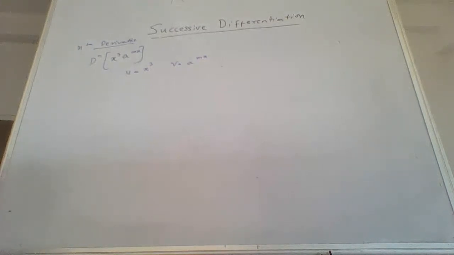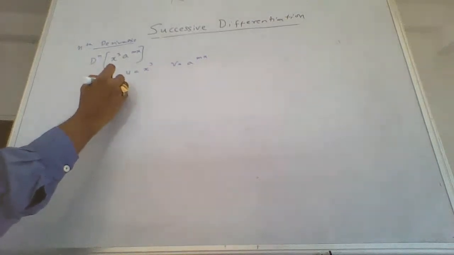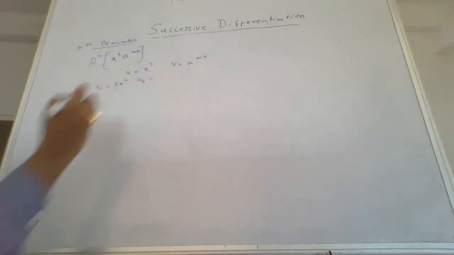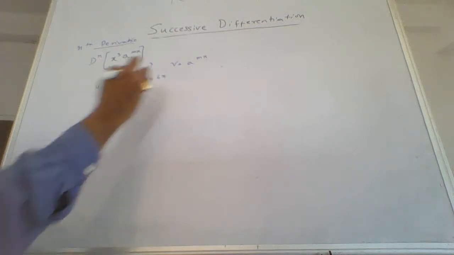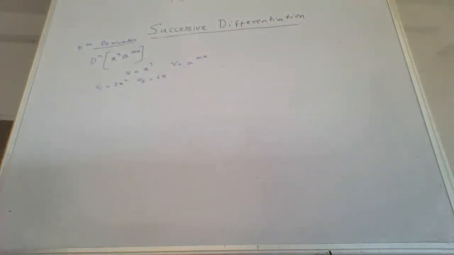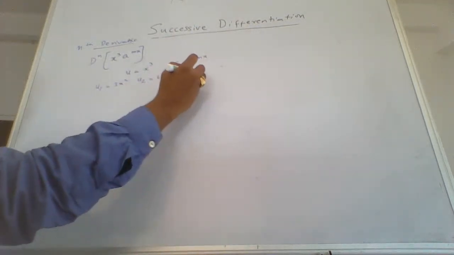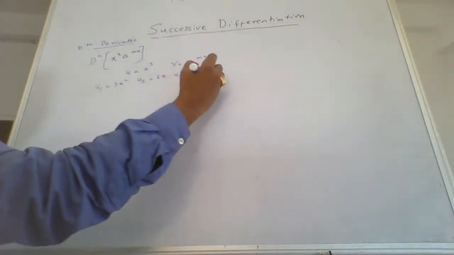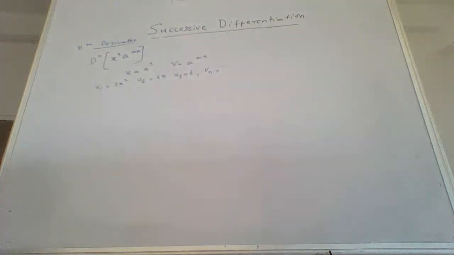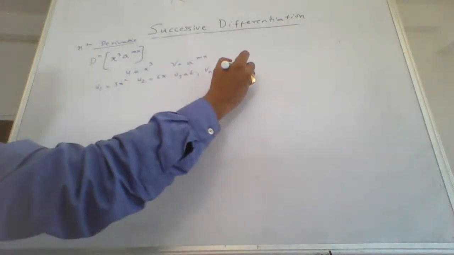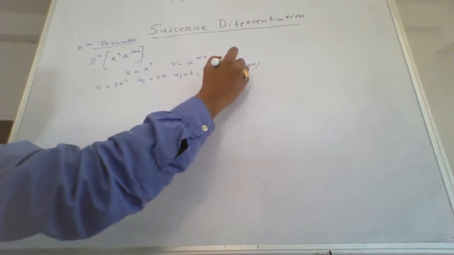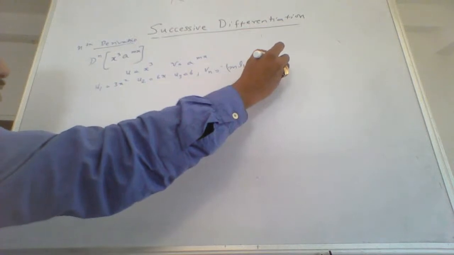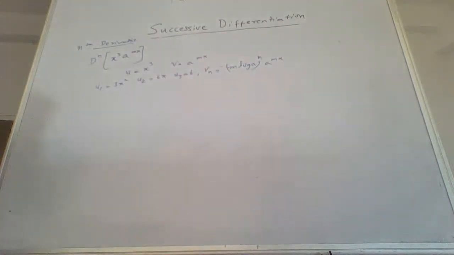So you will have u1 as 3x square, u2 as 6x, and u3 as 6. Now vn will be m log a to the power of n, a to the power of mx. So this will be your vn.